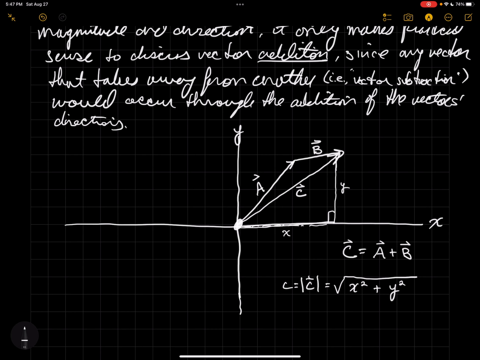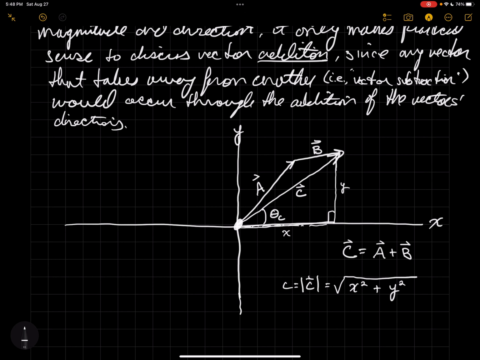Just a manipulation of Pythagorean's theorem. Likewise, we can define angle theta, where now with theta of C and the magnitude of C, we can in fact describe exactly the location of the particle after it undergoes vector A and vector B.